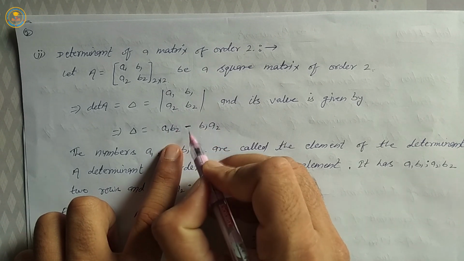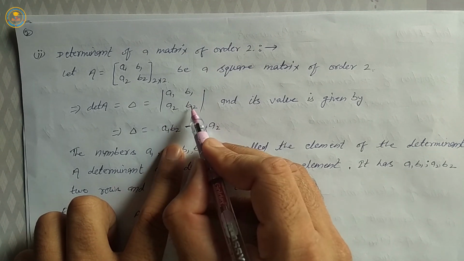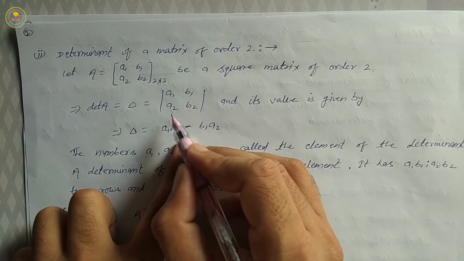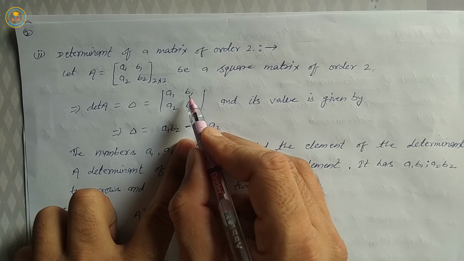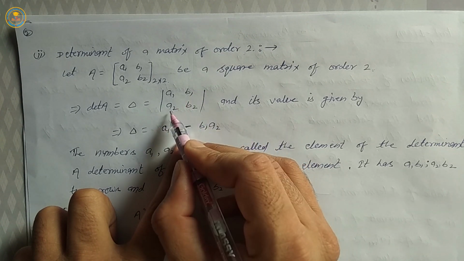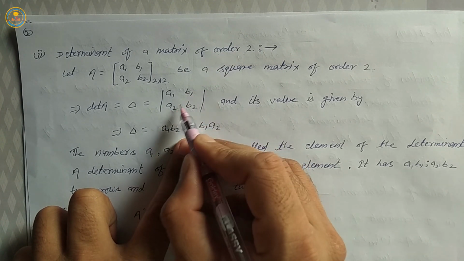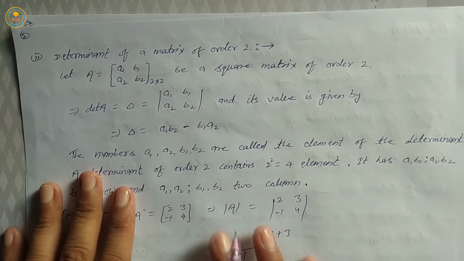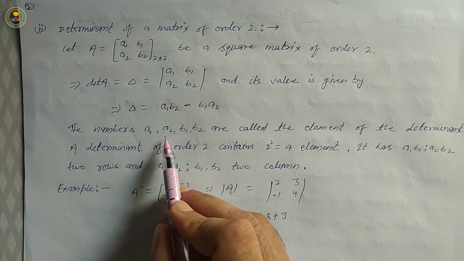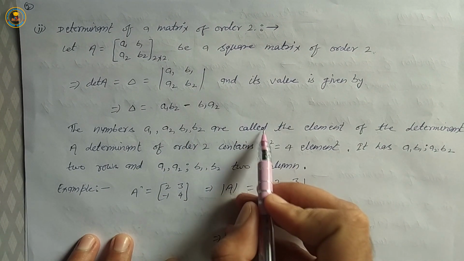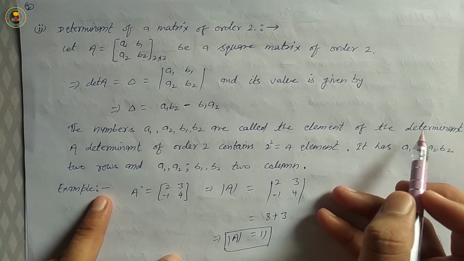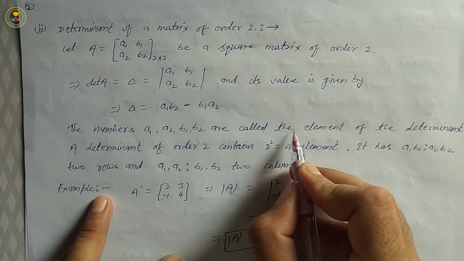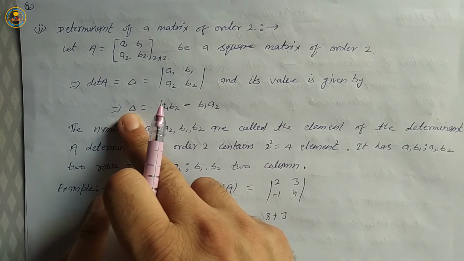It means the product of the diagonal elements minus the product of the other diagonal elements. The numbers a1, b1, a2, b2 are called the elements of the determinant A.